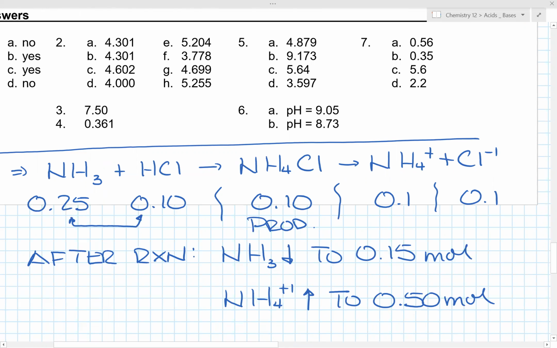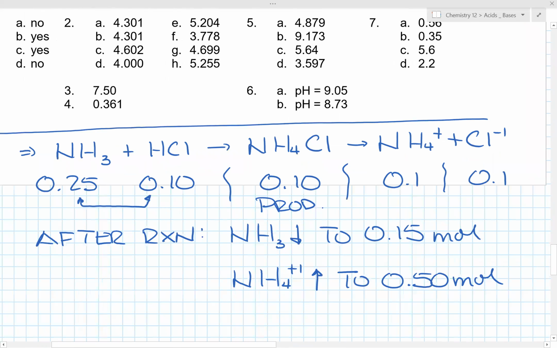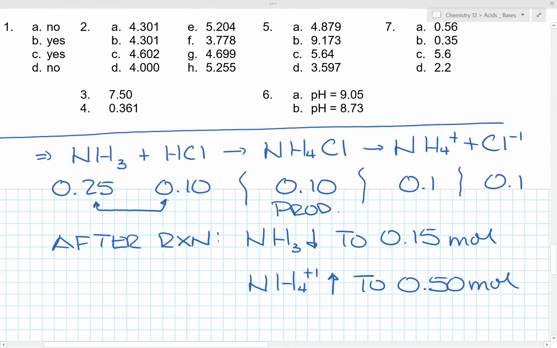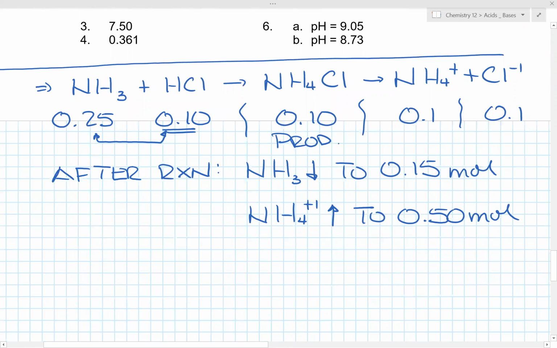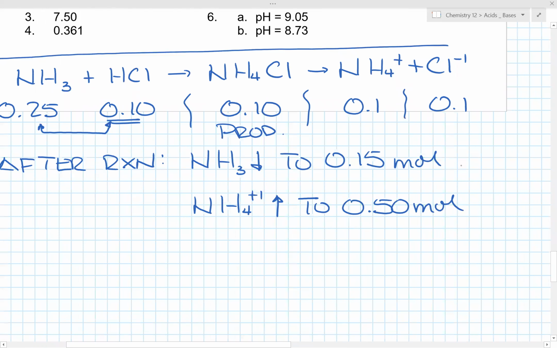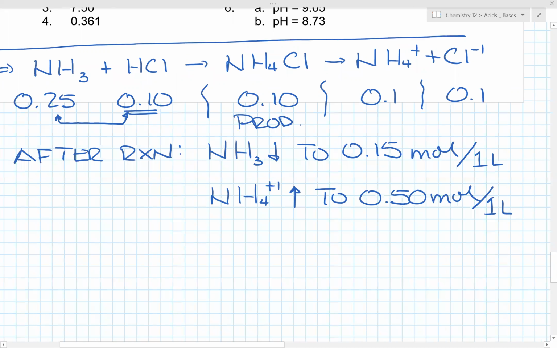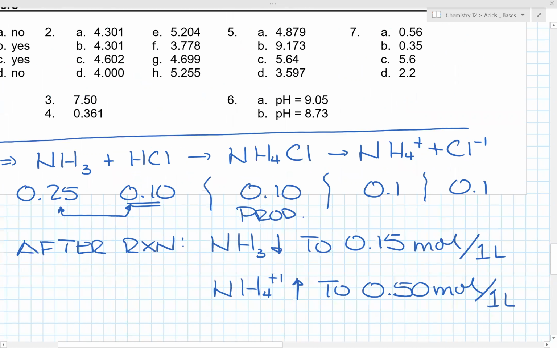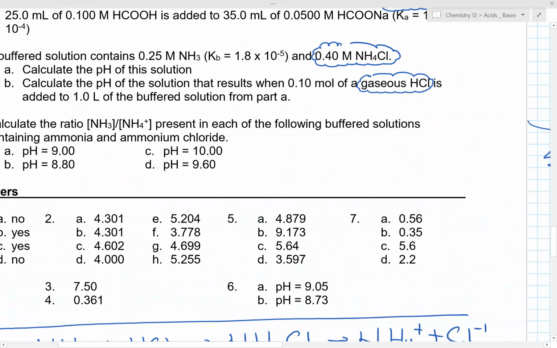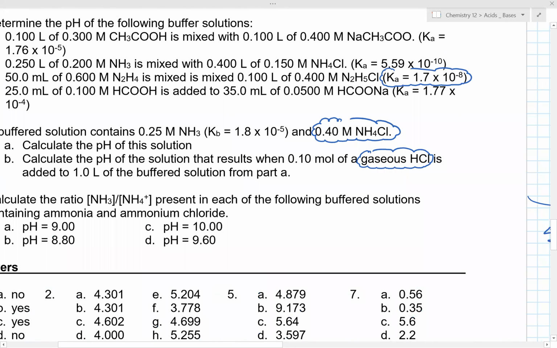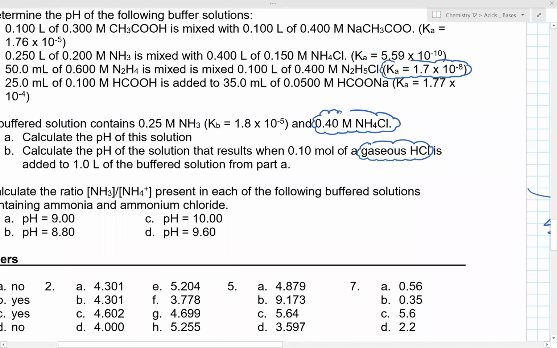And then the NH3, because 0.1 is used up to react with the HCl, you're left with 0.15. Now, I divide this by 1 liter, so we get molarity. So again, what we do in this case is calculate the pH of the solution that results.